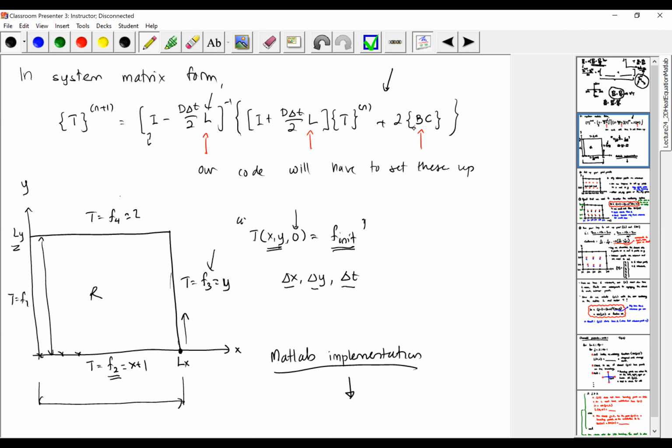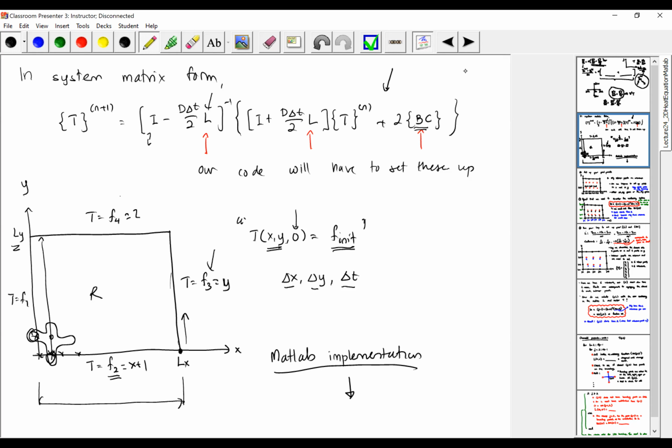Because for the boundary condition, for example, if you're at the first point where you have 2 boundary conditions like this in the stencil, you're going to move them to the right hand side, and remember, everything on the right hand side is known values.